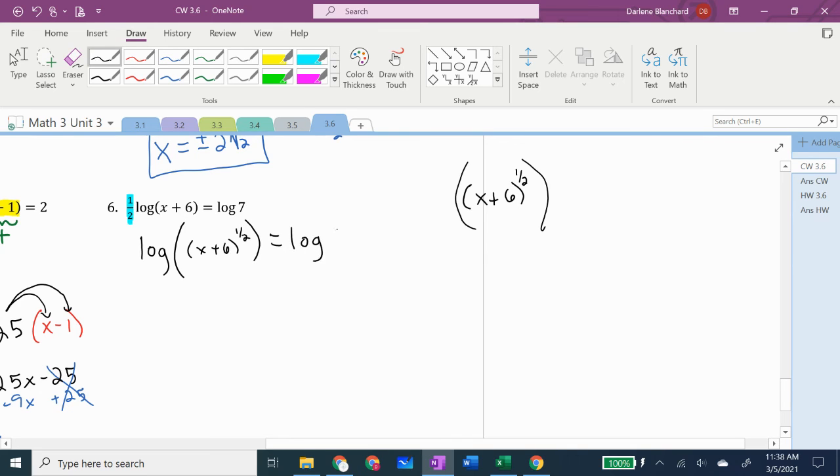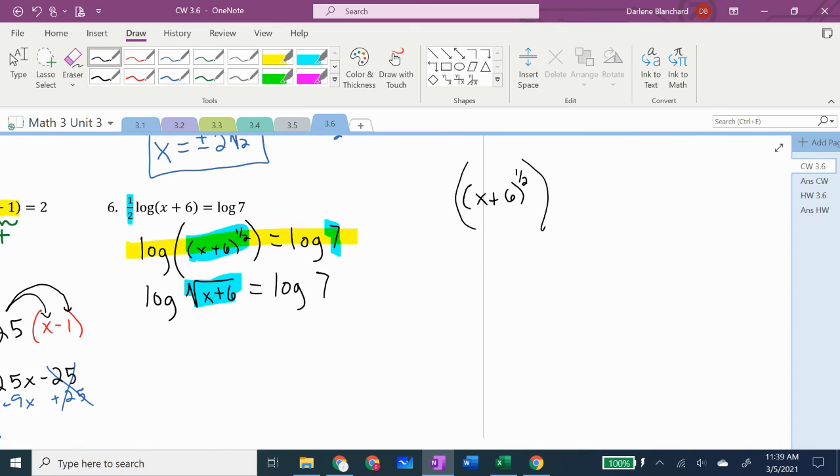And you might want to use the fact that a 1/2 exponent means square root. But if you don't do that right away, you can still get the correct answer. I could have, right here at this point, just taken the insides and set them equal to each other. But I decided to rewrite the 1/2 exponent as a square root.